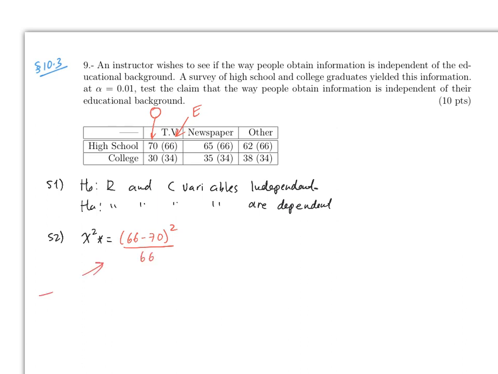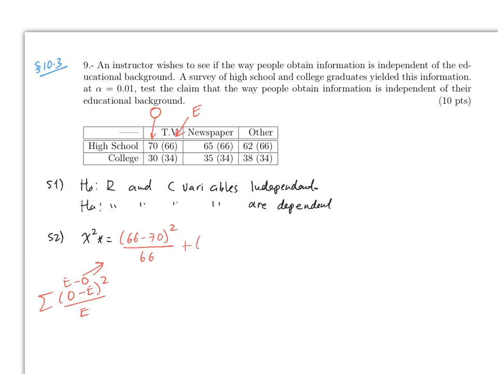Remember that the formula is the sum of O minus E squared over E, or you can change this to E minus O. It doesn't matter.